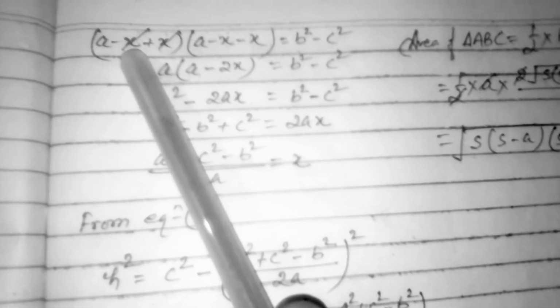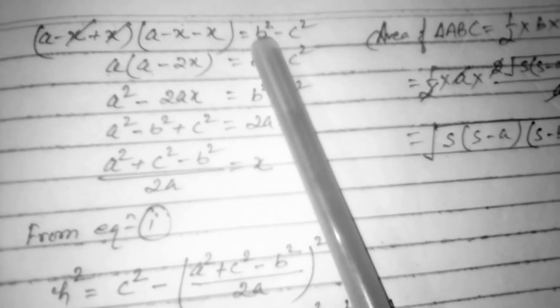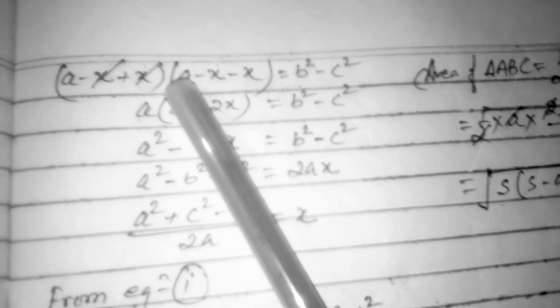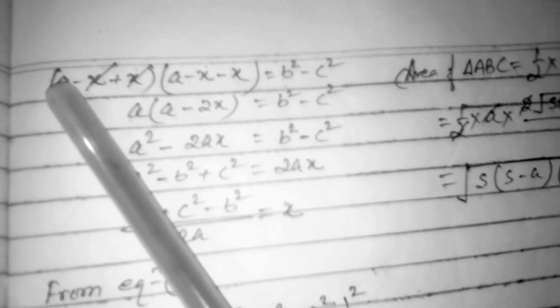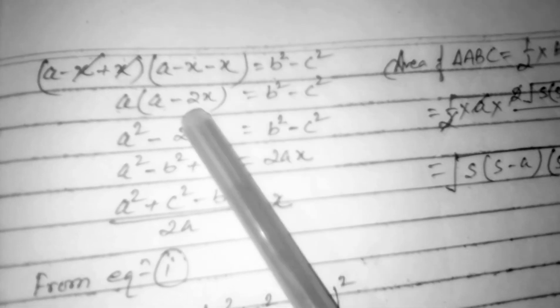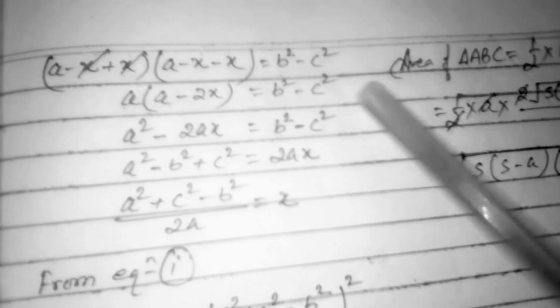Then it will be (a minus x plus x)(a minus x minus x) is equal to, here in the RHS there is b square minus c square. Then we can write b square minus c square. Minus x plus x will cancel out, then it will be a times (a minus 2x) is equal to b square minus c square.